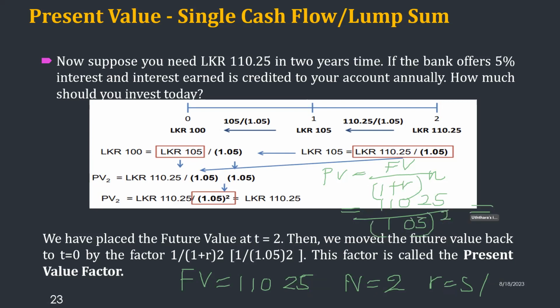Then you get the answer as 100. We place the future value at time 2, and we move the future value backward to time 0. So if we draw this timeline, we have 110.25, and we take it backward in time to time 0 for 100.